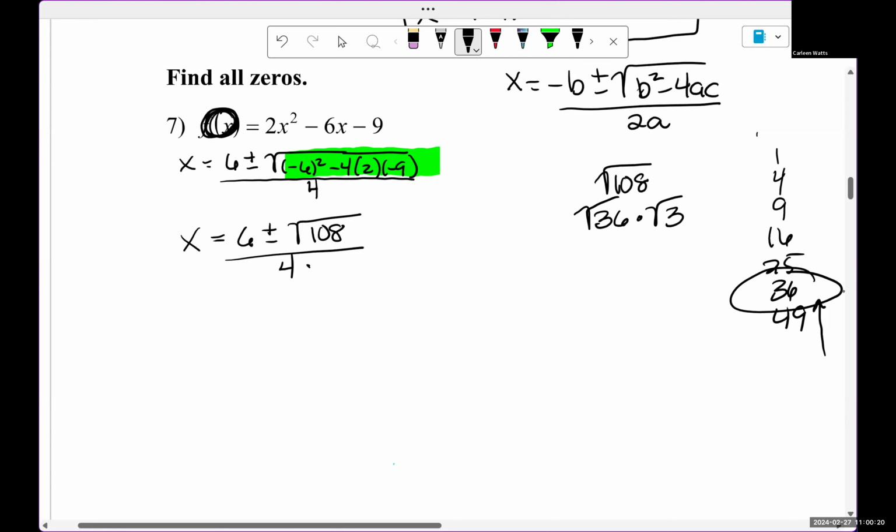Okay, so I'm going to start with the biggest and work my way up. Yes, 9 goes into it, but I want the biggest perfect square and the leftovers. So this simplifies to 6 rad 3.